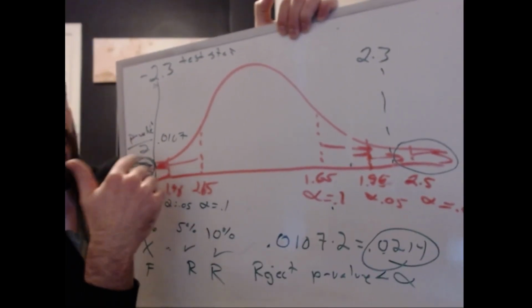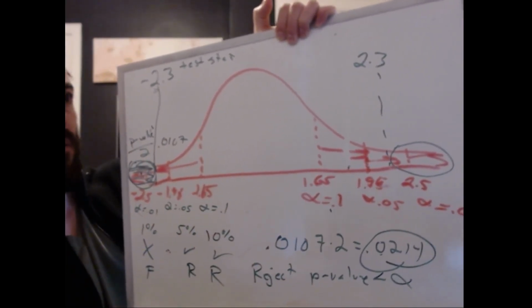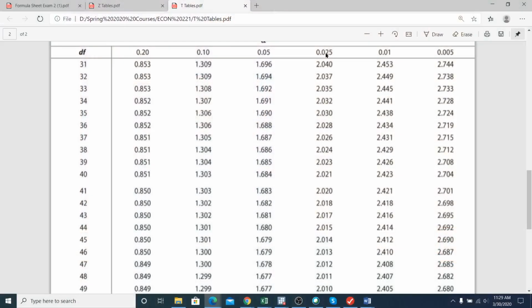So I can find this area, but I then need to multiply it by 2. So I found that for that assumed true test statistic of negative 2.011, the area to the left would be 0.025. That's only one of my tails, so I multiply it by 2, and 0.05 would be my p-value.